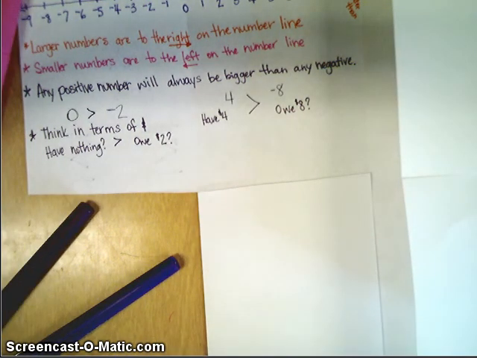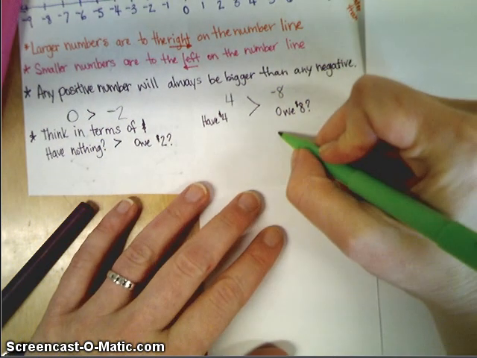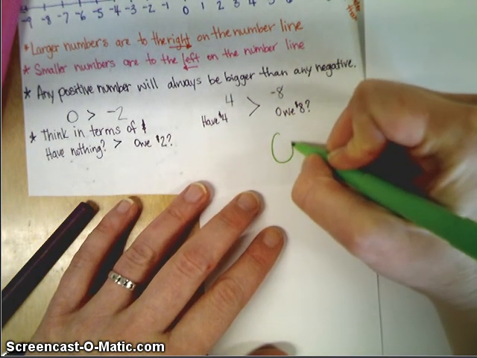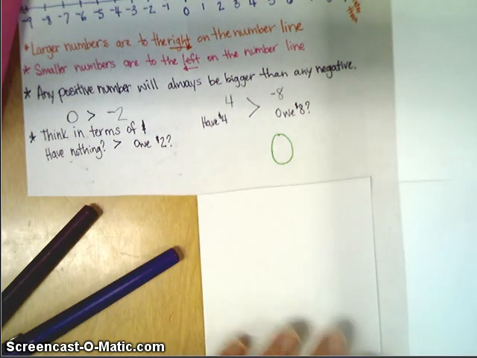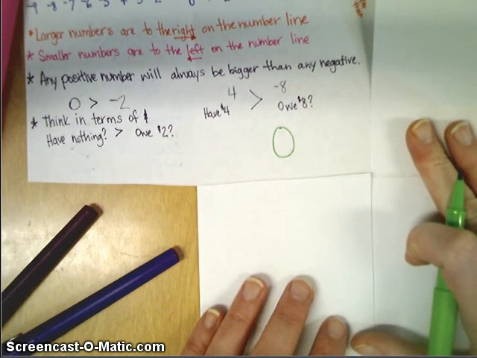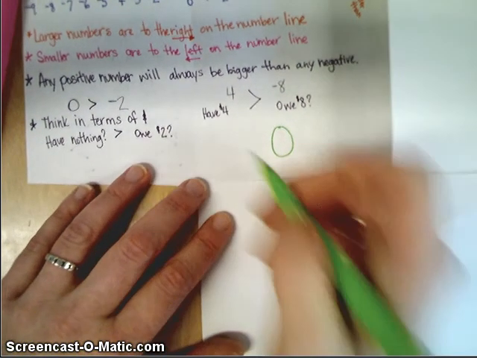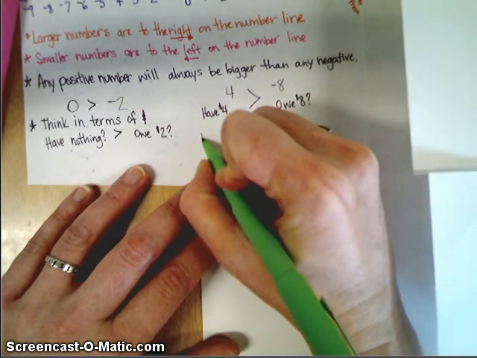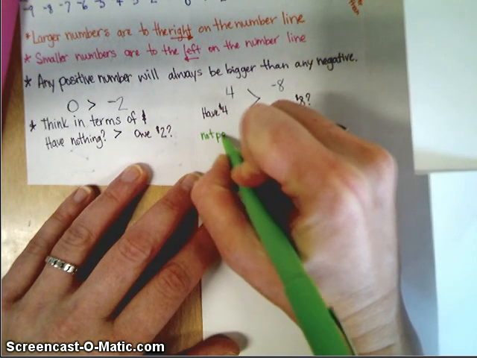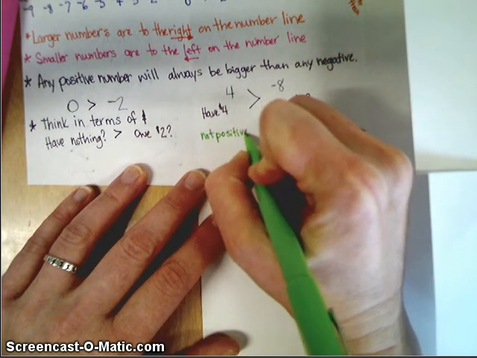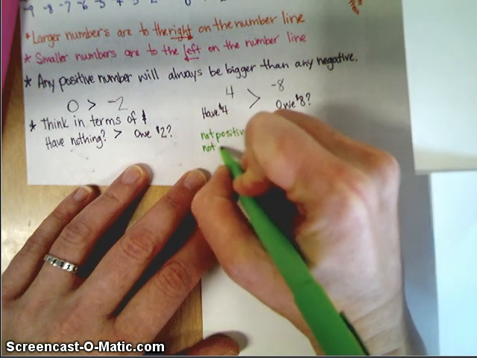Now we've got one special little number. And that special little number is right in the middle of our number line. It's the center of our number line, and it's 0. 0 is neither positive or negative. Okay? It's not positive, but neither is it negative.